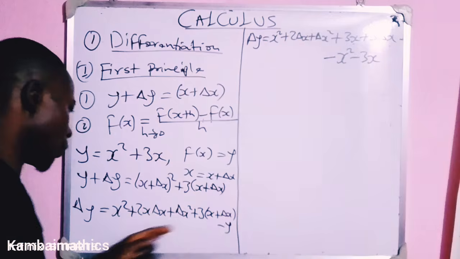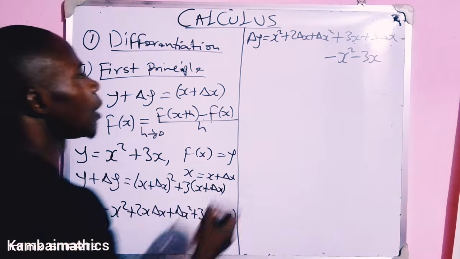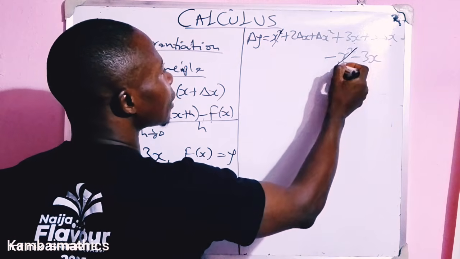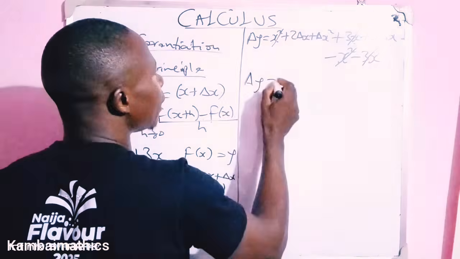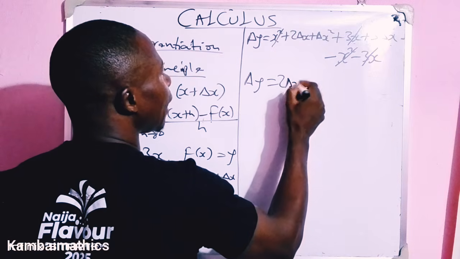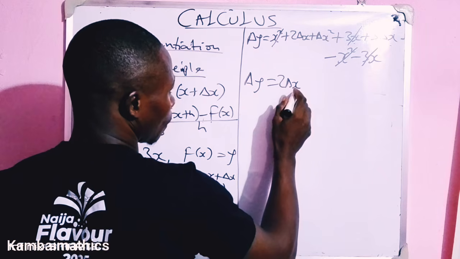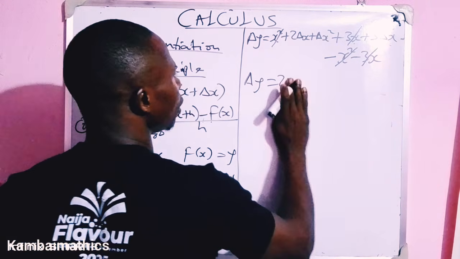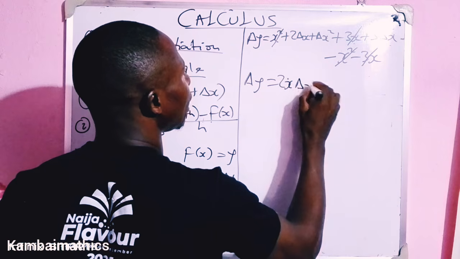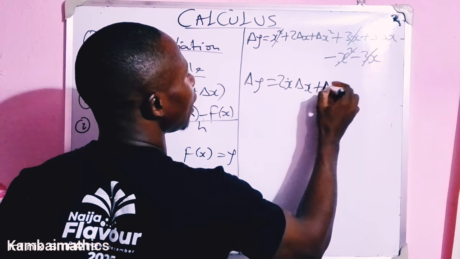So when we open the bracket, by implication, this will cancel this. This also will go with this. We are left with del y is equals to 2x del x plus del x square, and then plus 3 del x. I think there's something I didn't put there. It's supposed to be 2x del x.